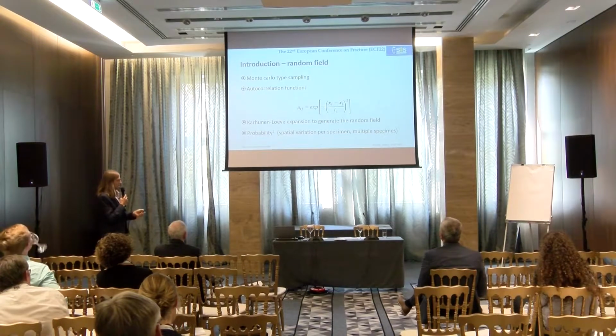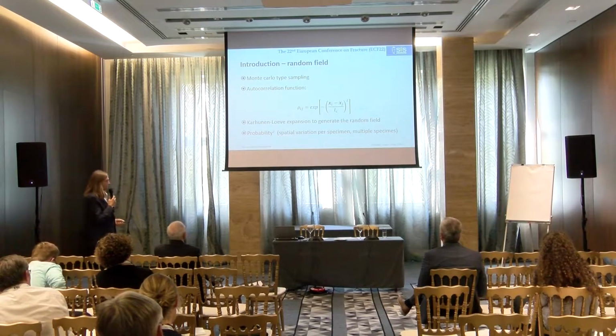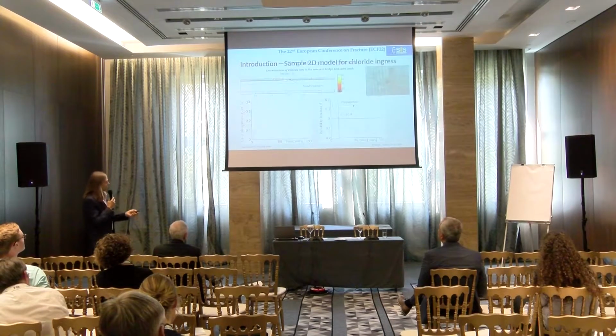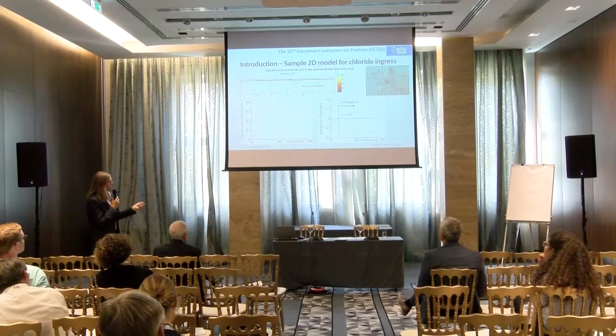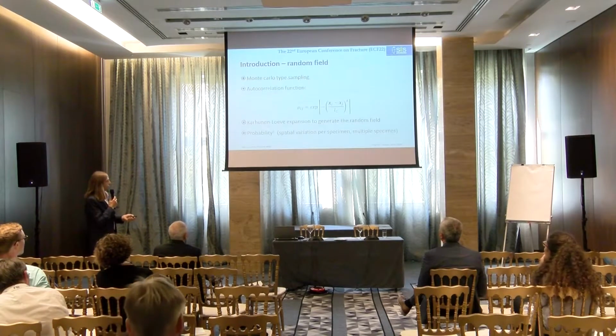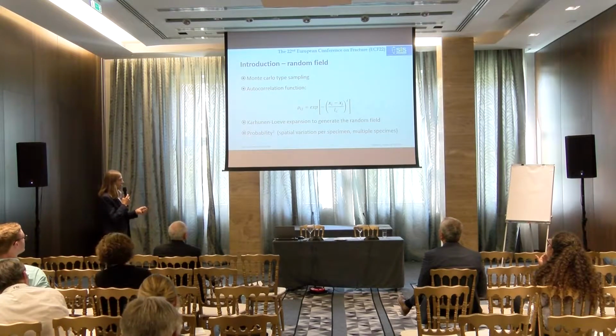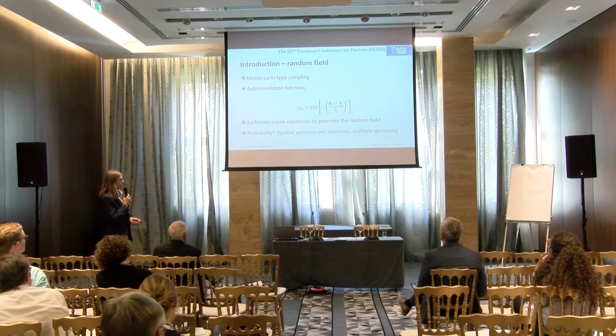describing the variation. And then if we randomly generate the property over the area, in order to get the spatial variation controlled by autocorrelation function, the Karhunen-Loève expansion generates the random field.